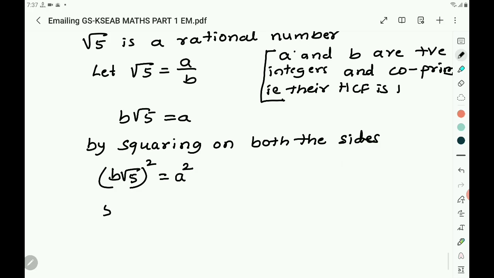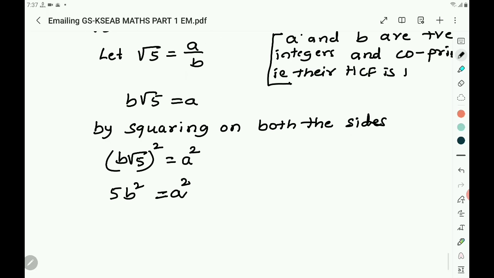It becomes 5b square, since root 5 whole square is 5. You got 5b square equals a square. And you can verify here that 5 divides a square.